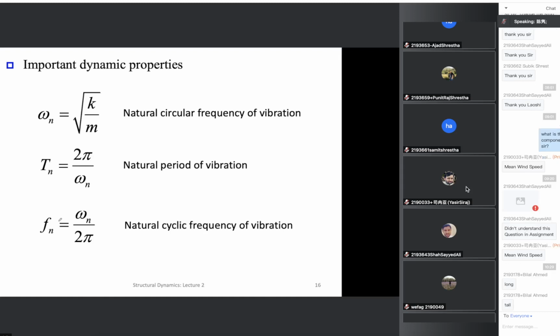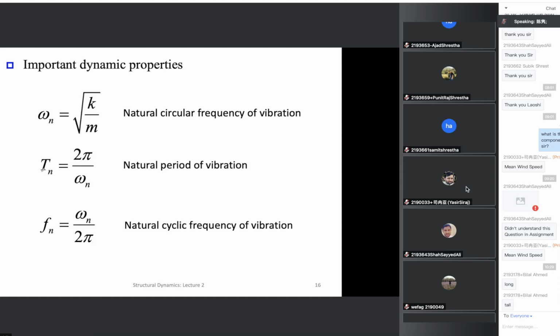Let's say you have the tallest one in the world, which is about 1,800 meters. The period of the structure, my guess, should be about 15 seconds, which means it vibrates from here to here, then back, and returns to the original position. It takes 15 seconds to finish the whole cycle of vibration.